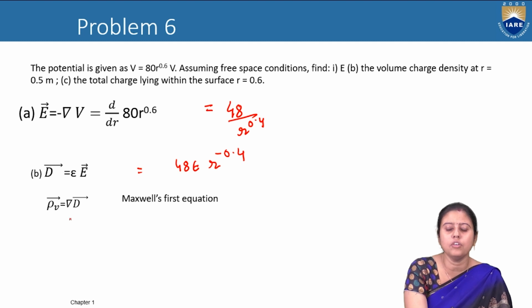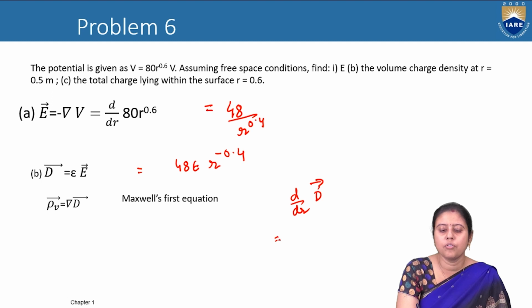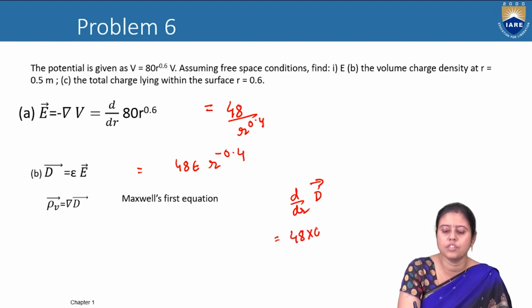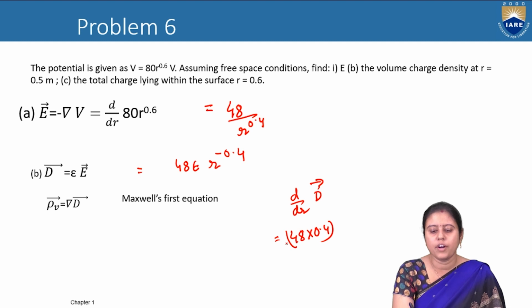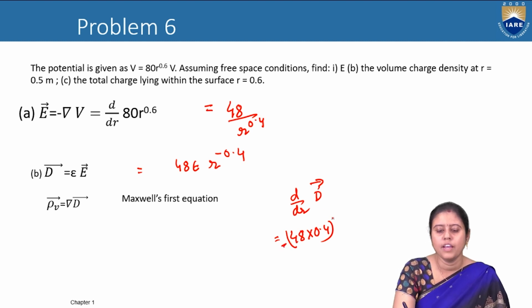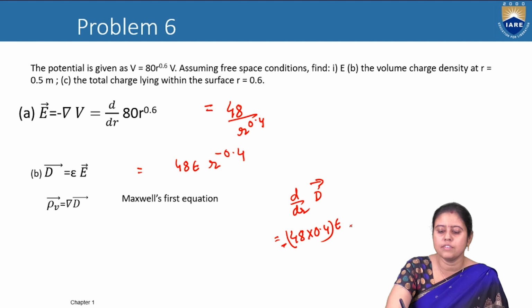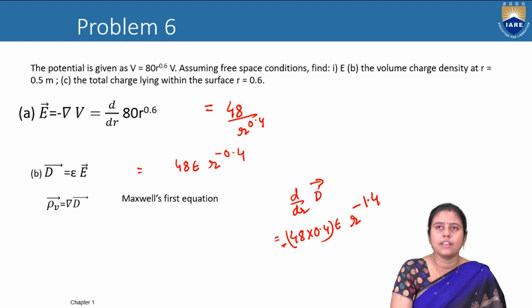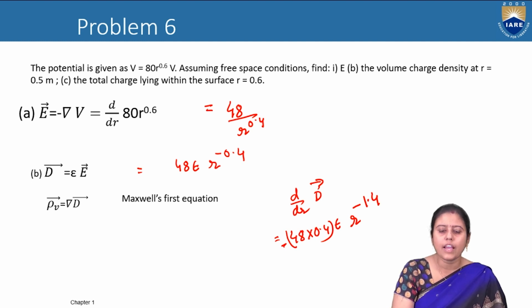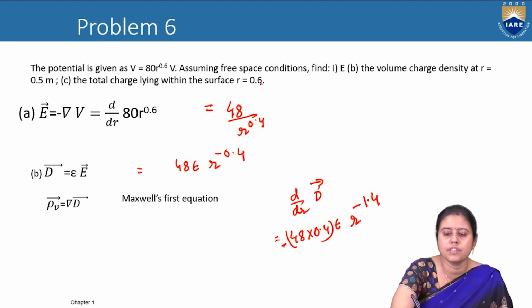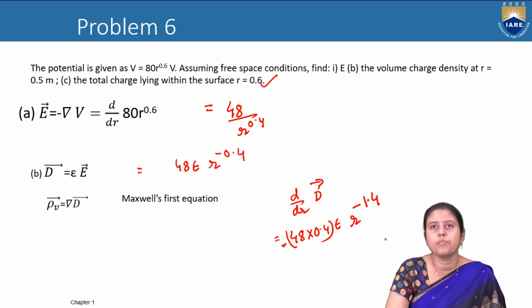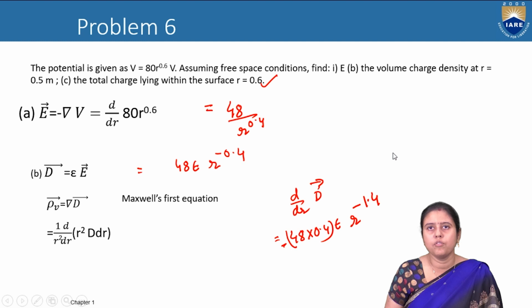Again, rho V is equal to d by dr of D. So it is 48 into 0.4 into epsilon, and R to the power minus 1.4. R value is given as 0.6. If we put the value, we will get rho V.